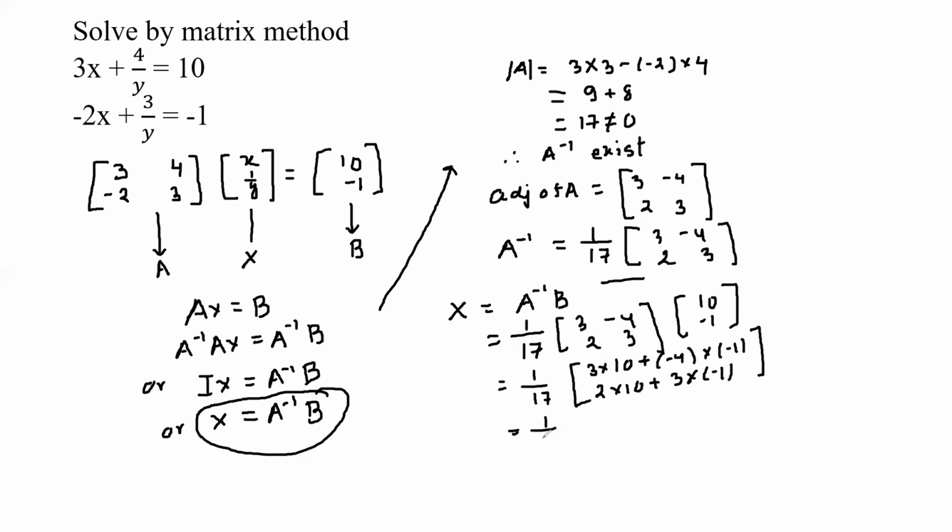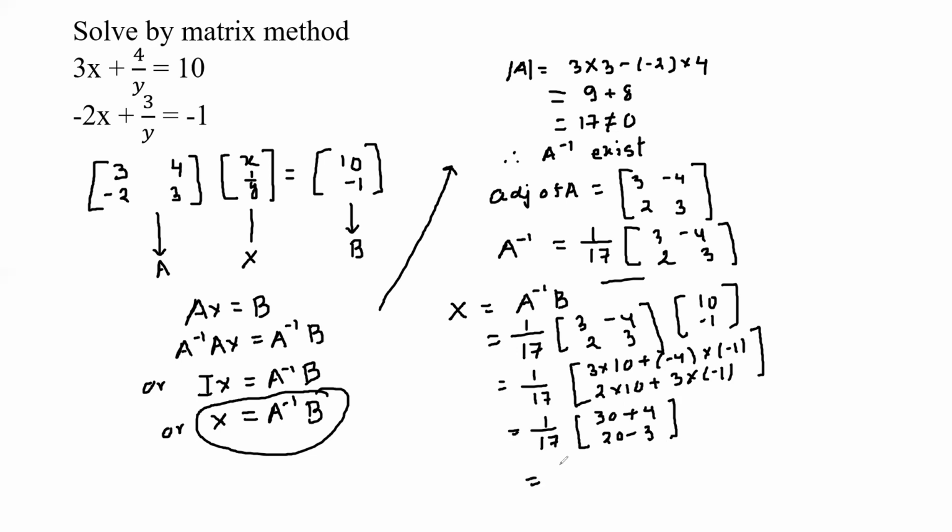So it will be 1 by 17, and let's look here. 3 times 10 is 30, and minus minus becomes plus, so it is 4. And 2 times 10 is 20, and here plus and minus gives you minus 3.